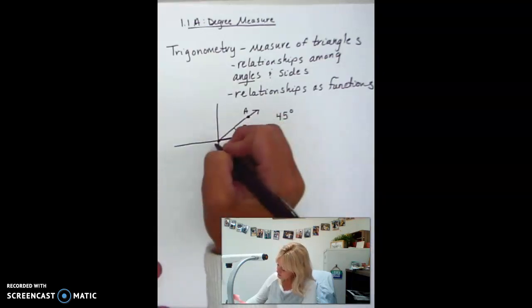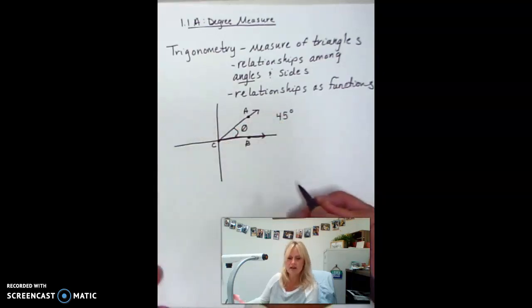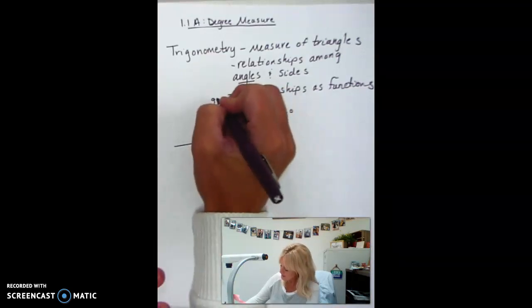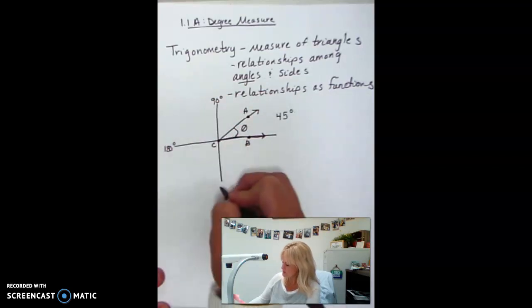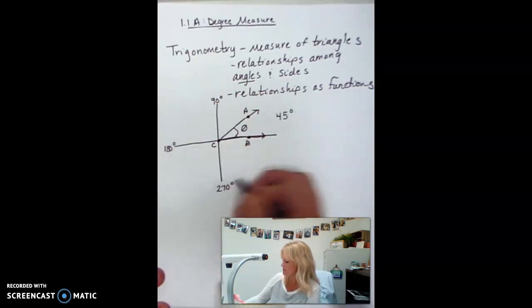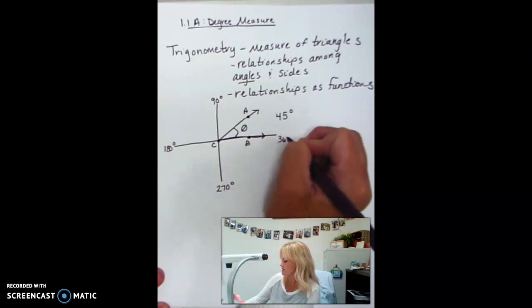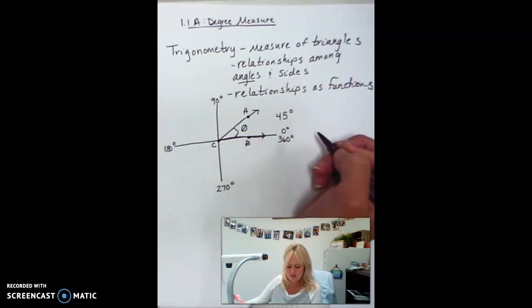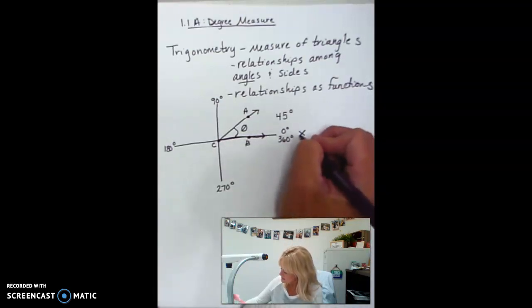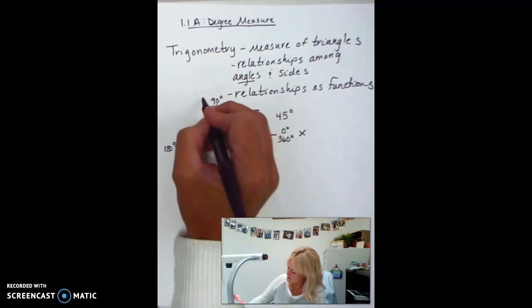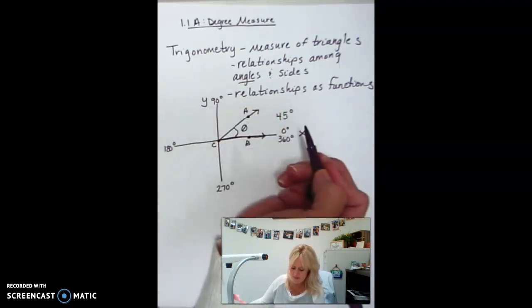Okay? I'm just going to throw a C in here just so we have that correct labeling right there. We know that this is 90 degrees, 180, 270, and back to 360. The other thing I'm going to put right here is 0 degrees, our starting point. This is our x-axis, and this is our y-axis.